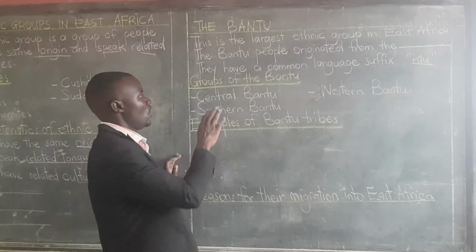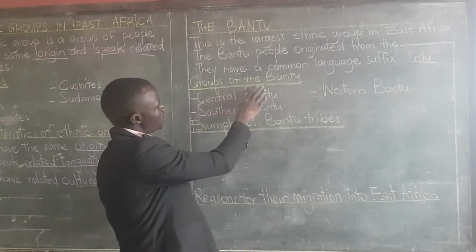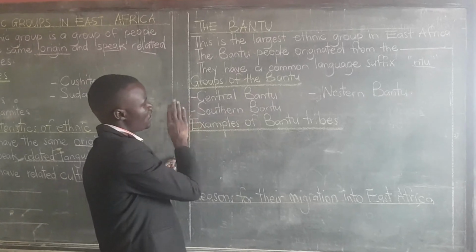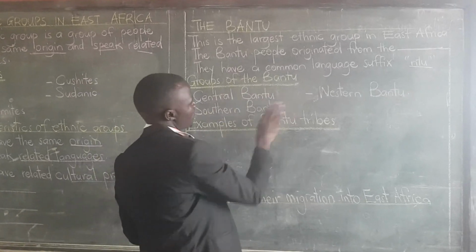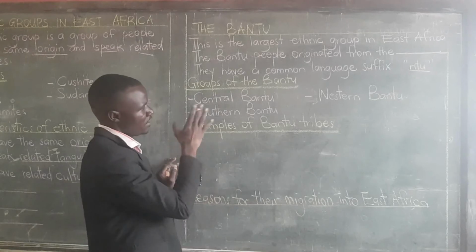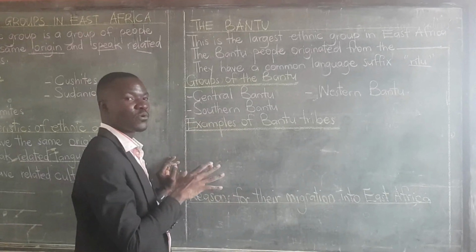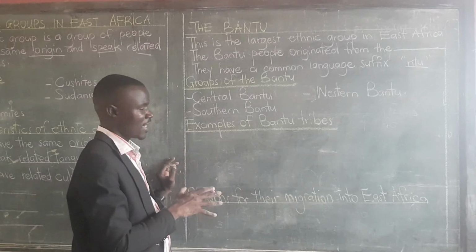So, the three groups that entered East Africa, the Central Bantu, the Southern Bantu, and the Western Bantu, are in East Africa, and we are the Bantu in Uganda.